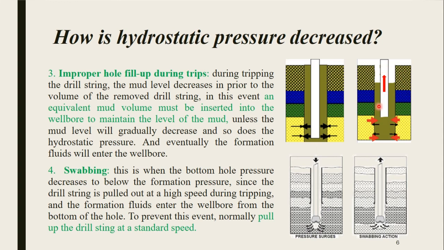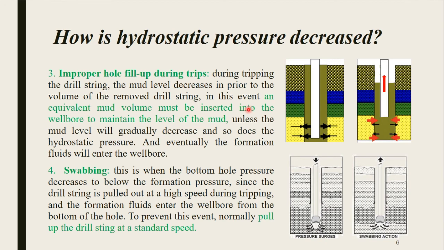You see here? The drill string is removed, and in turn, the level of mud is decreased. And this will cause the hydrostatic pressure to decrease because H will decrease. You remember the formula, right?